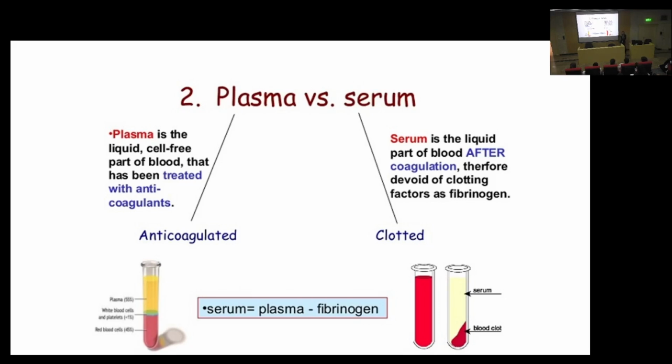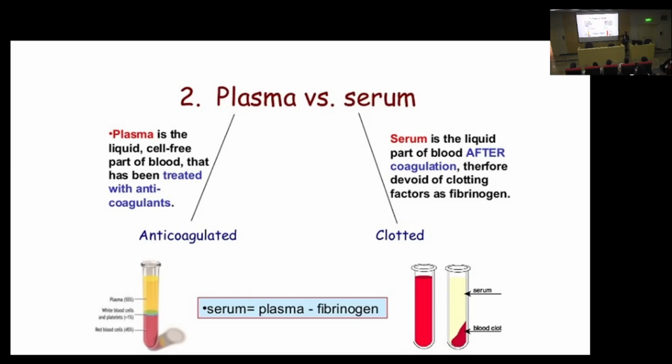Put it in the fridge. We do it for research purposes. Sometimes we collect blood and spin it right away, as in we centrifuge it, but sometimes we just put it in the fridge, and it will naturally separate into plasma and the red blood cell composition. But centrifuging will show much better separation. And of course, it's much quicker. You only need to spin for like 3 minutes, maximum 5 minutes.